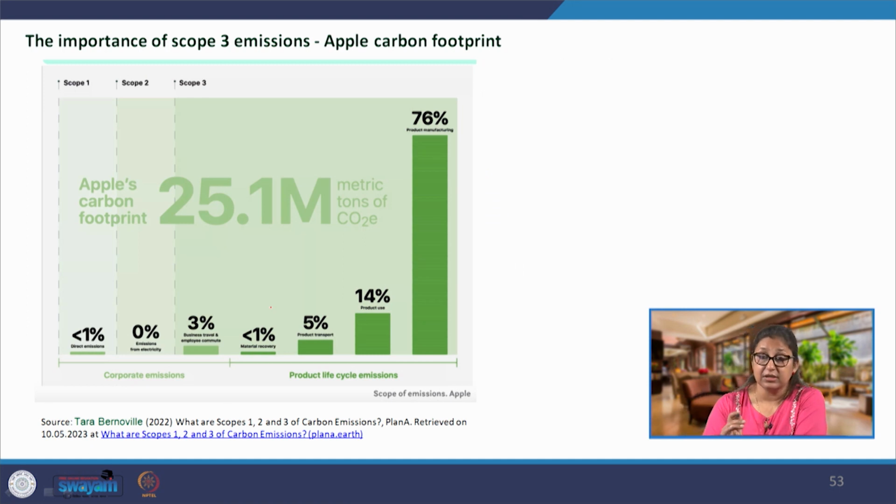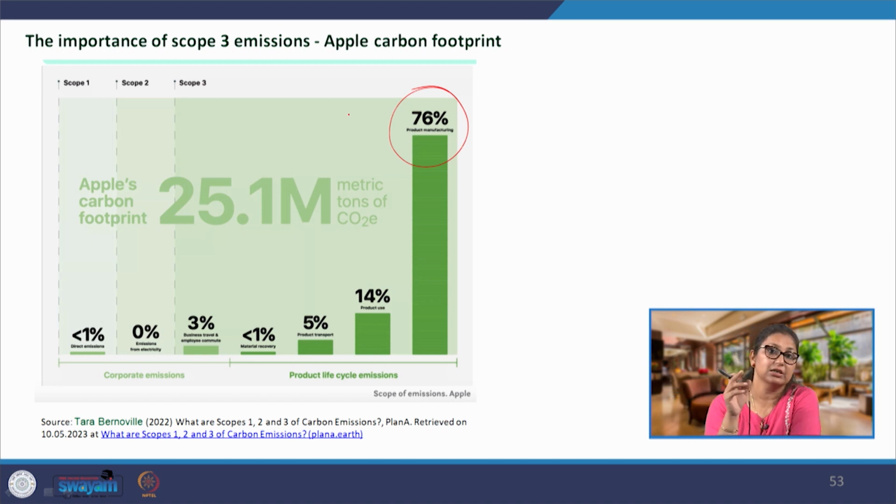Now, here a lot of emissions are actually resulting from the processes. This is the manufacturing process, product manufacturing. So, the product manufacturing is owned by Apple. If it is owned by Apple, all the emissions that are happening there count, or if you remember, we talked about the control, how much control the parent company, which is reporting for GHG emissions, has on the subsidiary companies.